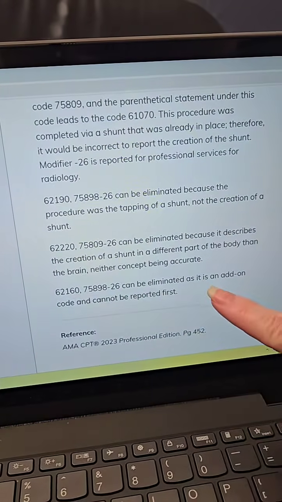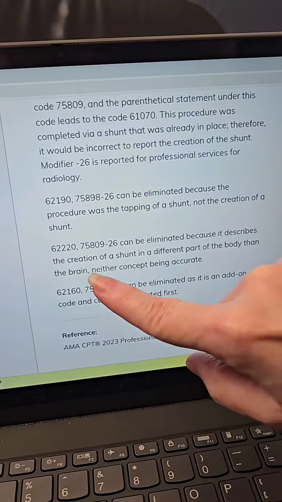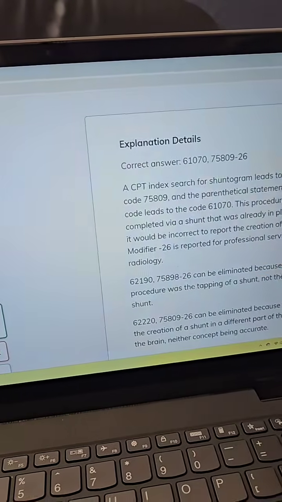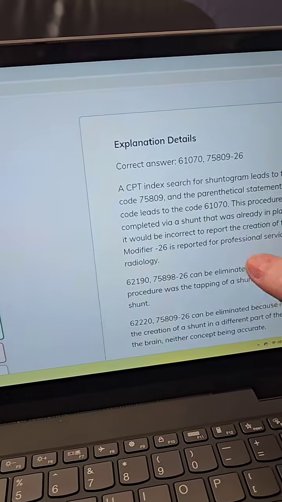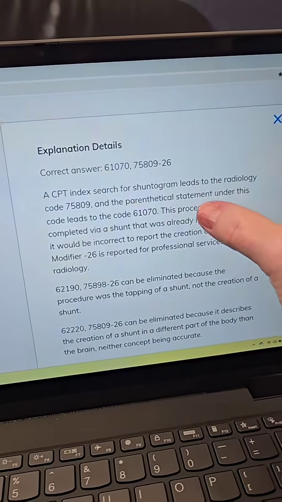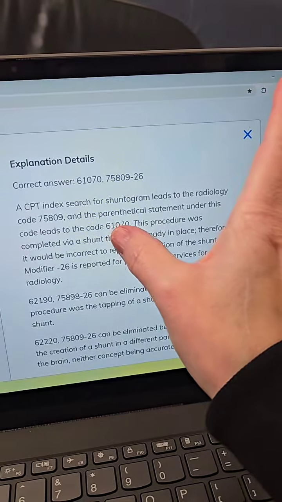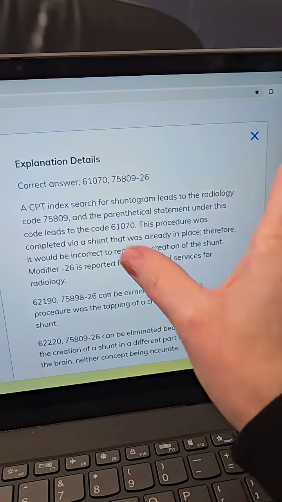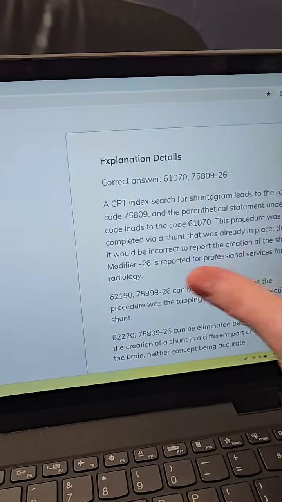It was this one. They said it was because of the radiology and the parenthetical, because there is a parenthetical underneath the 61070 that says if it's done via a shunt. Yeah, there we go. I just needed the book.